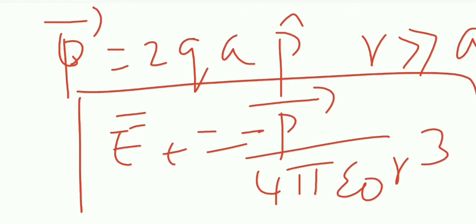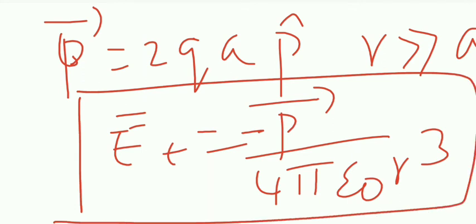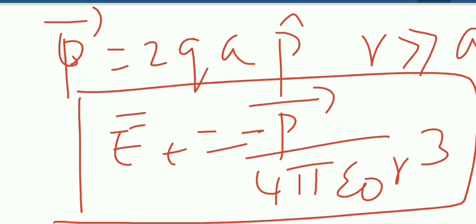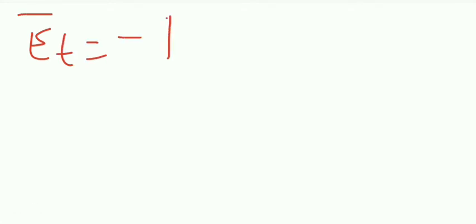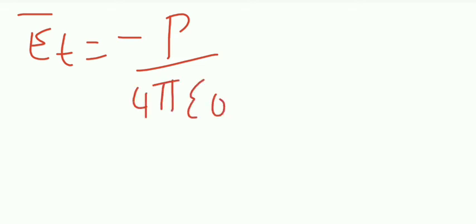It is the electric field due to a dipole at the equatorial plane. Already we derived the electric field due to a dipole at the axial plane. We write this again. So what is the electric field at the equatorial plane? It is equal to E total, minus P by 4 pi epsilon naught r cube.